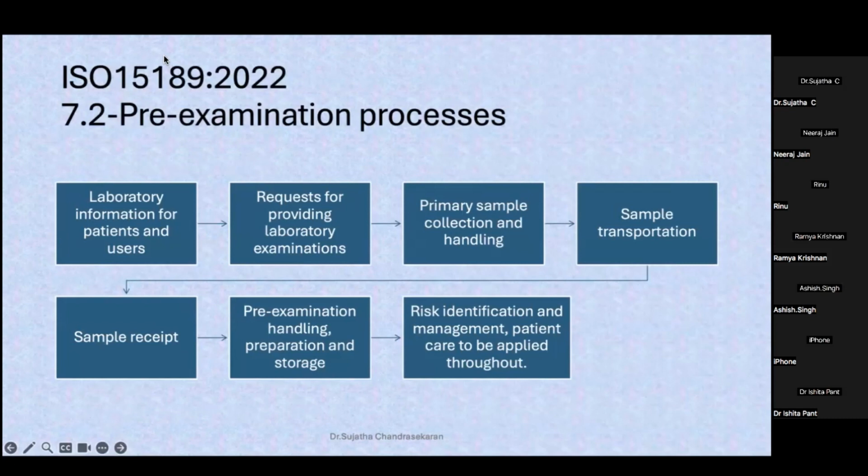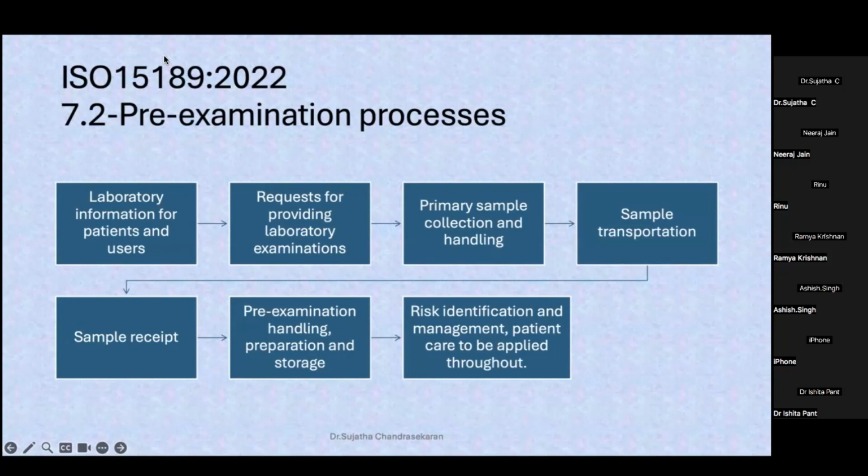ISO 15189:2022 clause 7.2 addresses pre-examination processes, which covers laboratory information for patients and users. That is what we commonly call the directory of services, and also patient information booklets, and then the request, that is the test request form, which has to be filled up.